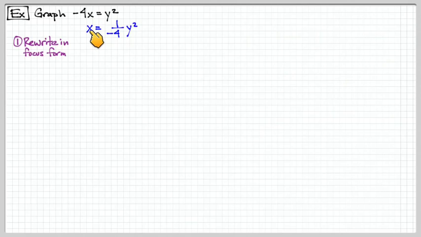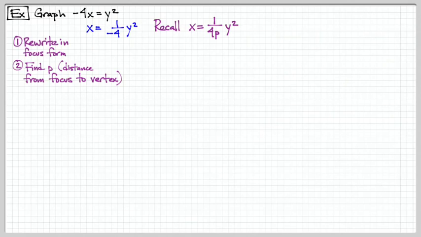Let's find the focus, let's find the directrix. So to do this, first step is to rewrite it in focus form, solving for the term that has x to the first power or y to the first power. So in this case, x to the first power, we solve for that. Now, the second step is we want to find the value of p. We want to find the distance from the focus to the vertex.